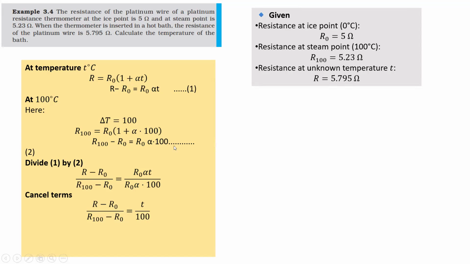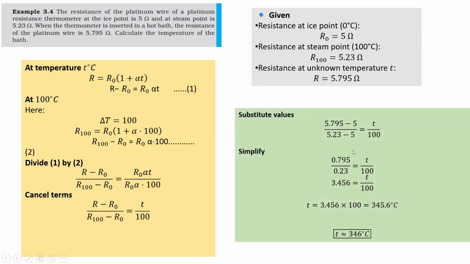Now, dividing equation 1 by 2: R minus R0 divided by R100 minus R0 equal to R0 alpha T divided by R0 alpha into 100. R0 gets cancelled, alpha gets cancelled, T by 100. So R minus R0 divided by R100 minus R0 equals T by 100.